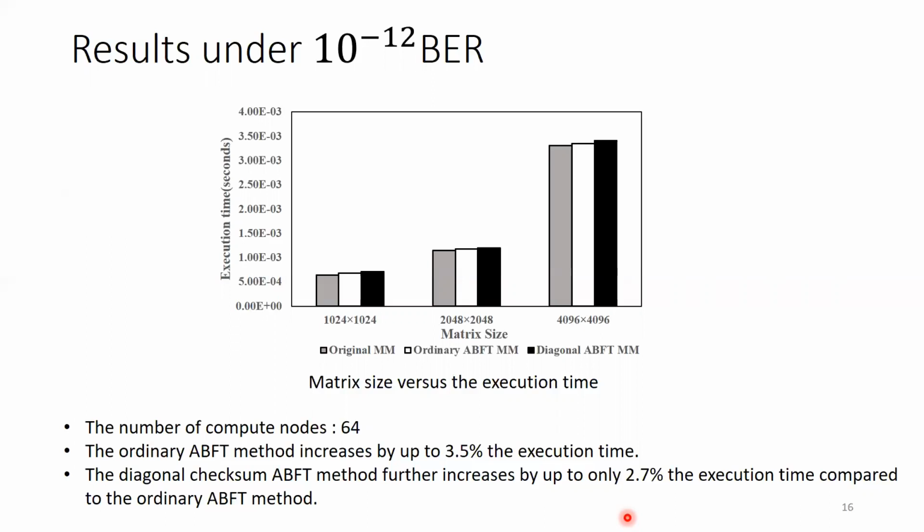The diagonal checksum ABFT method further increased it by only up to 2.7% compared to the ordinary ABFT method. This result shows the overhead of diagonal ABFT is very low under a low bit error rate.